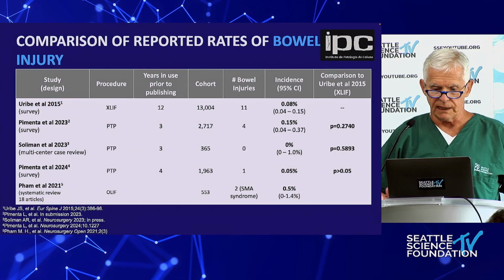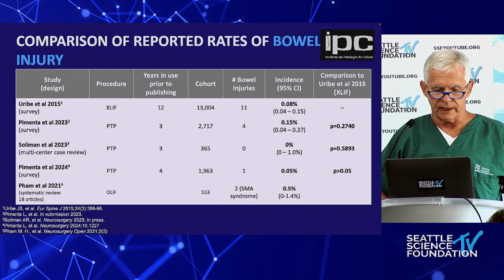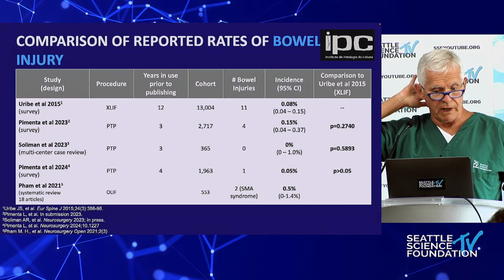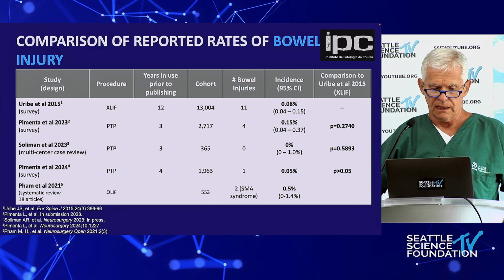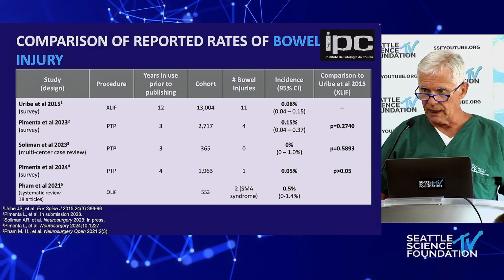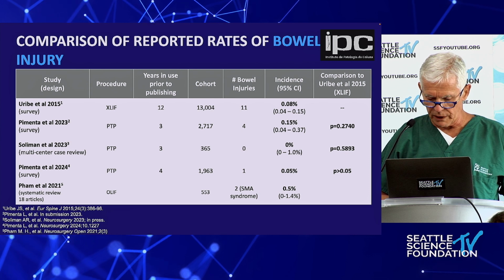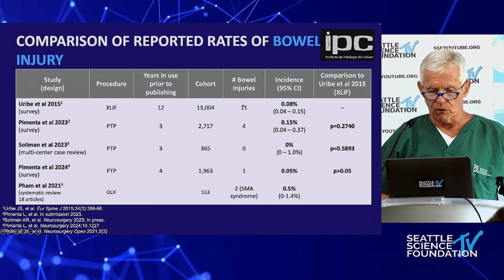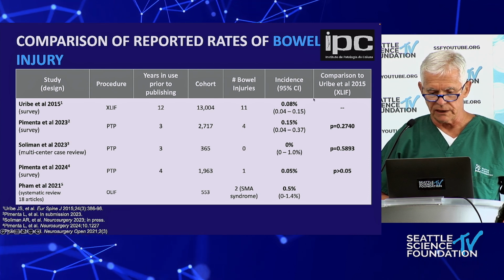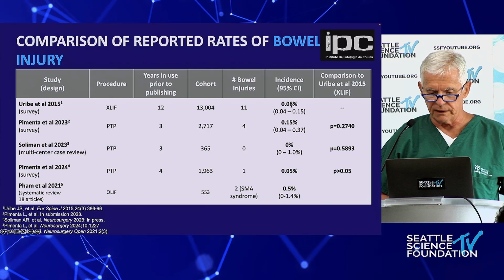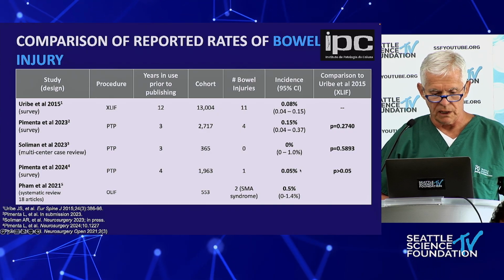What are the risks? Basically, the literature shows that the complications, bowel and vessel mainly, are very similar between lateral and PTP. When you compare bowel and major incidence, the numbers are quite similar.